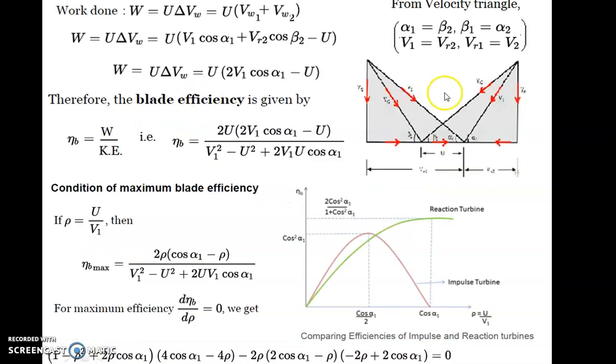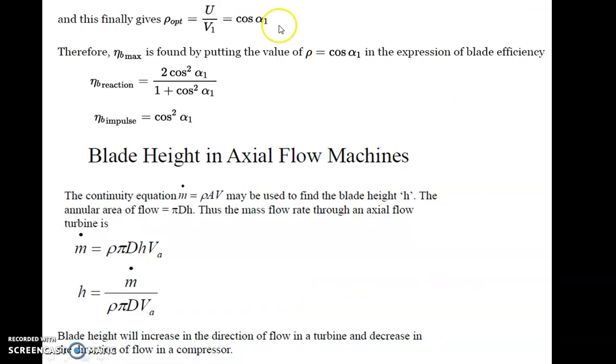If you see this diagram, the maximum blade efficiency for the impulse turbine came at cos alpha 1 by 2. But for the reaction turbine, it is slightly higher than that. The condition for optimum blade speed ratio is cos alpha 1.